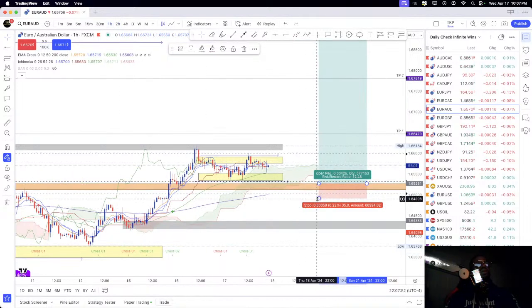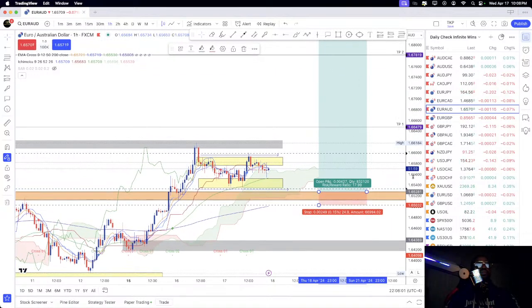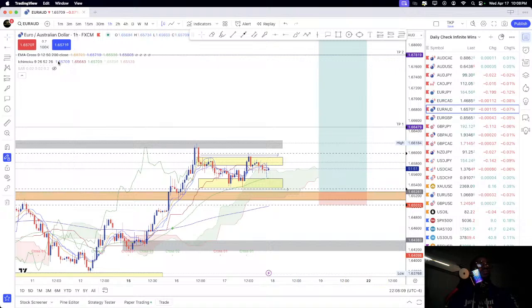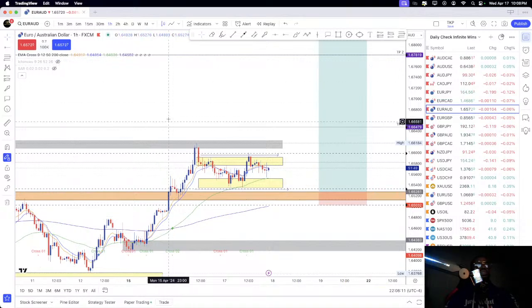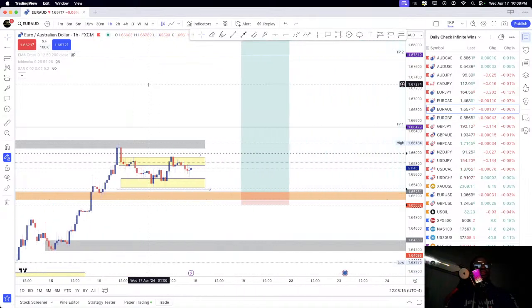Now the 1 hour actually supports that move. And if it breaks through the cloud, you know it's going to that second double bottom down at the low. All right, yeah, I'm taking it.